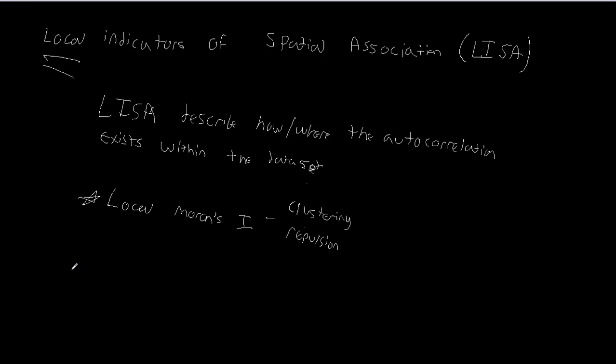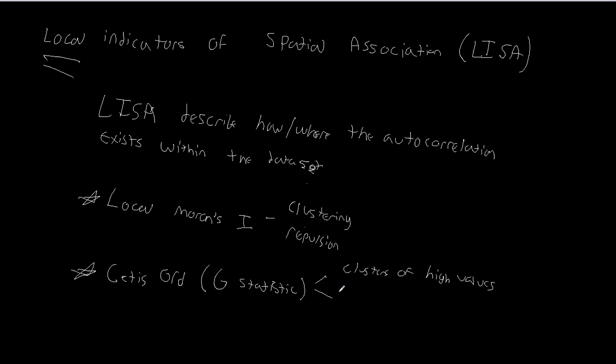The next one we're going to talk about is something called Getis-Ord. Now, you may have heard of Getis-Ord as the G statistic or the G star statistic. Right, and we're going to use this to describe whether or not we have clusters of high values or whether we have clusters of low values.